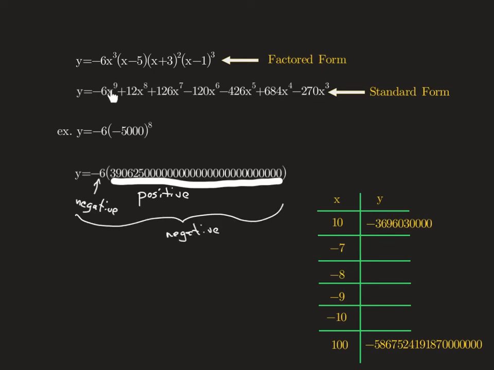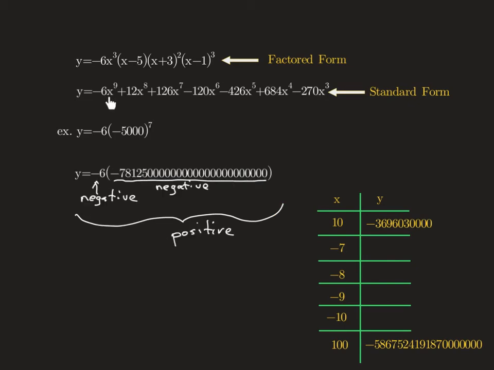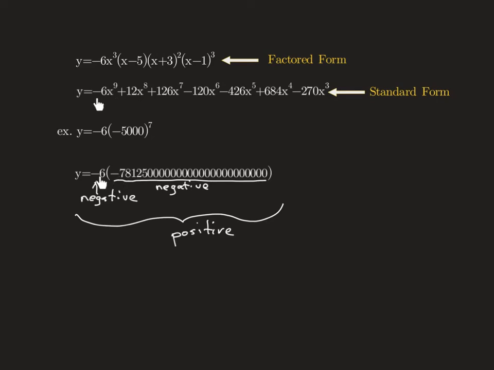But if the highest degree is an odd number, well then that changes things, because when you plug a negative number in here, this whole thing stays negative because you multiply it an odd number of times, and then you multiply that by whatever this coefficient is, and it's going to be the negative of that.